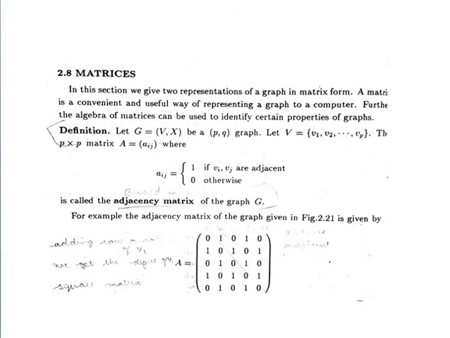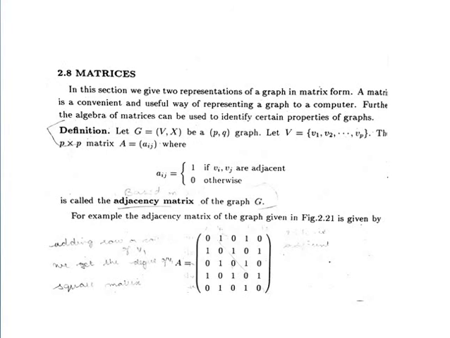Let G equal to (V, X) be a (p, q) graph with V equal to v1 to vp. The p cross p matrix A equal to aij, where aij equals 1 if the two points are adjacent and 0 otherwise, is called an adjacency matrix.